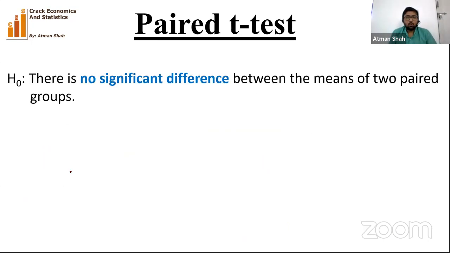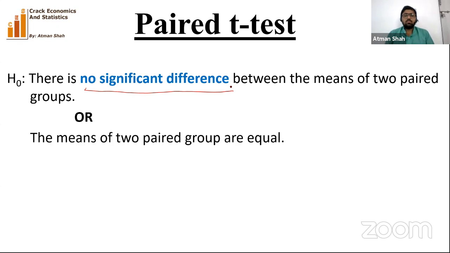So what is the null hypothesis in this case? The null hypothesis is that there is no significant difference between the means of two paired groups, or the means of two paired groups are equal.